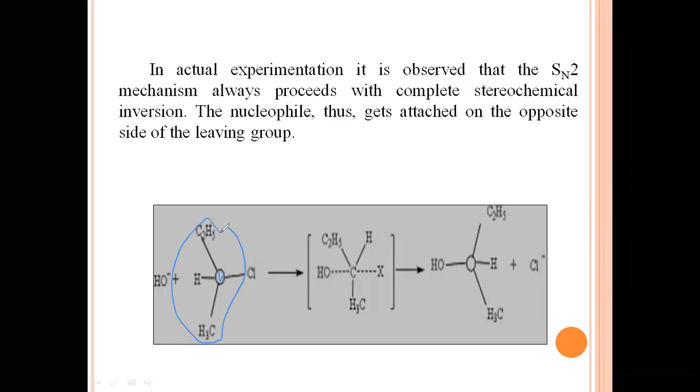Now you can see how the reaction proceeds. The nucleophile is attacking from the rear side of the halide group in this way, and in this way the product is obtained.